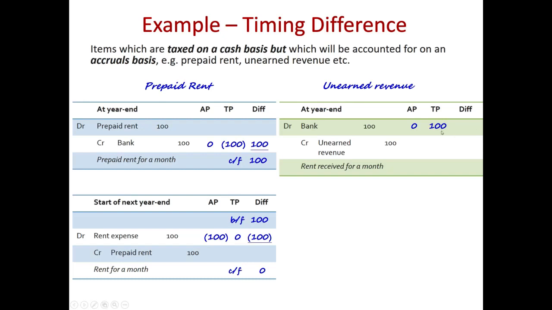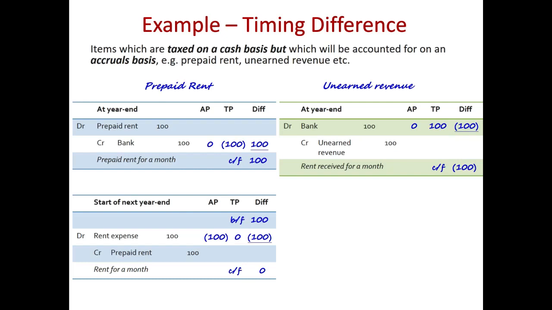The difference between the two, 0 minus 100, is negative 100. So now you create a timing difference of 100. Notice that in this year, your accounting profit should be $100 less than the taxable profit, because you didn't recognize that $100 as revenue in the year when you received it.